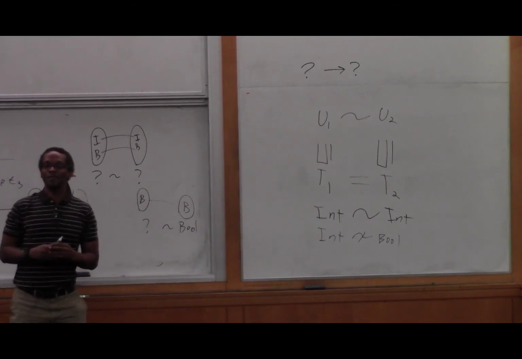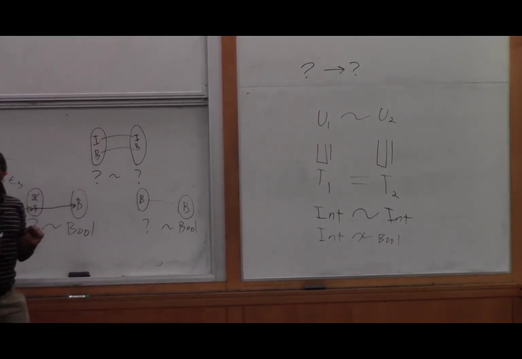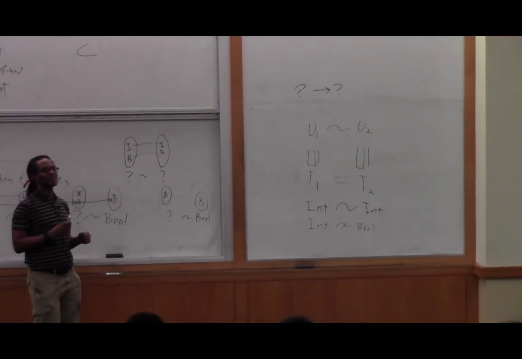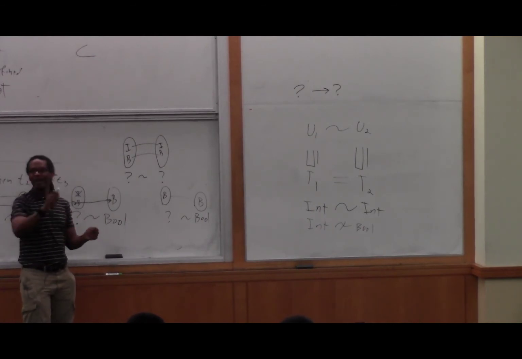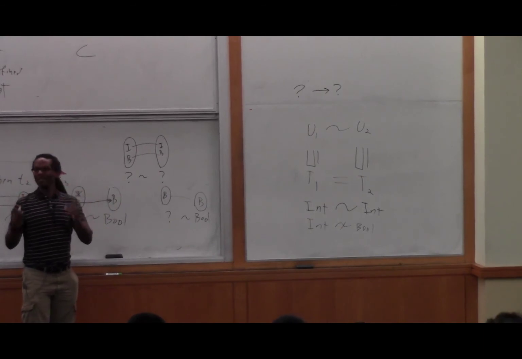So then what happens is when you play this game with question mark, arrow, question mark might be consistent to question mark, arrow, int, might be consistent to bool, arrow, question mark, might be consistent to question mark, arrow, question mark. You kind of play this out on paper and you start to see interesting things happen.